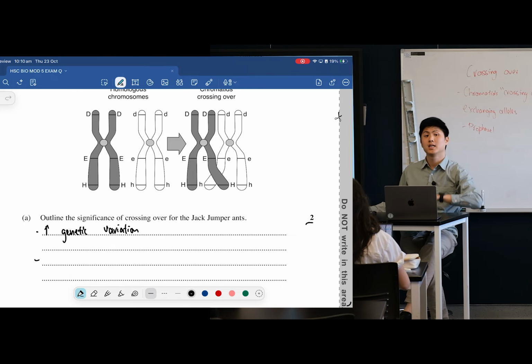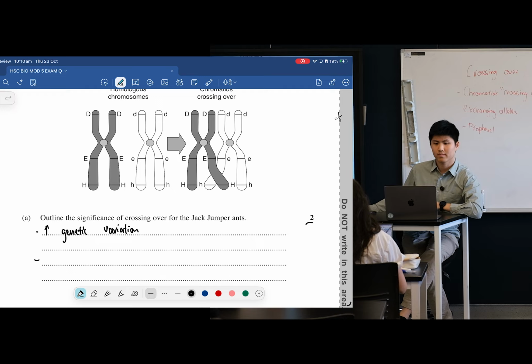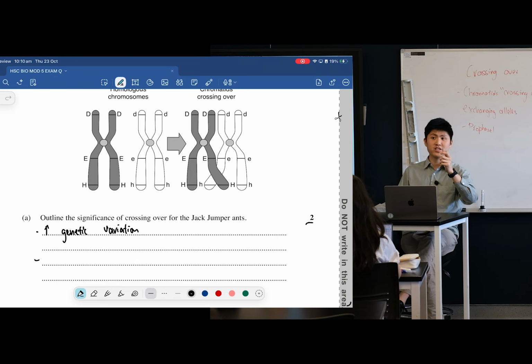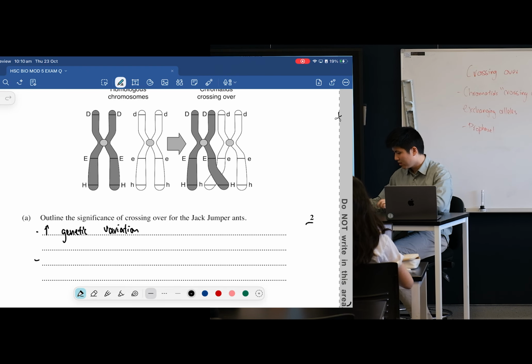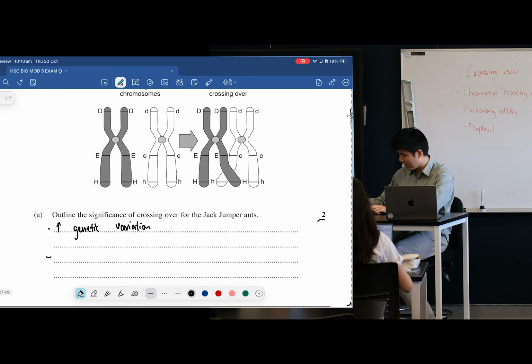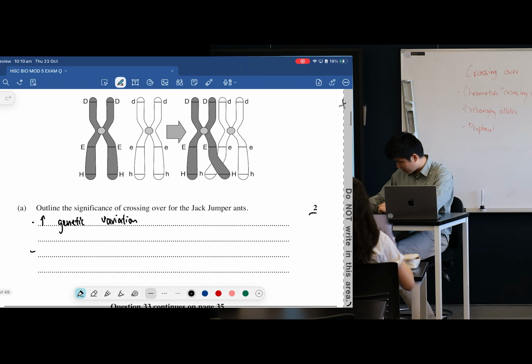Yes, Hannah? Yeah. So variation in the species is good because you can adapt better to different environments with different traits, right? So I might just say increased survival chance due to variation in traits.